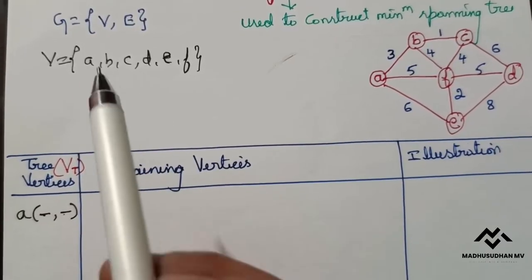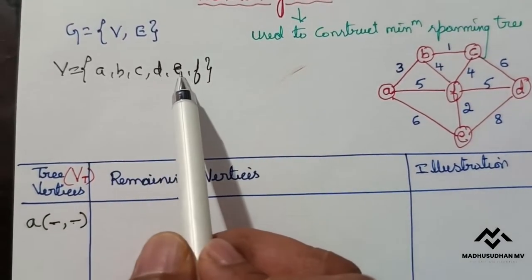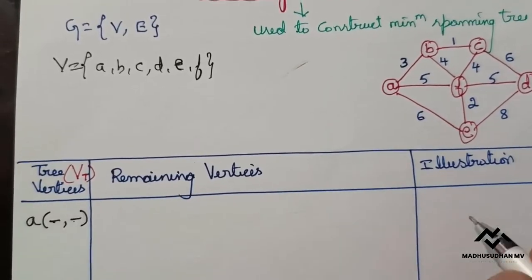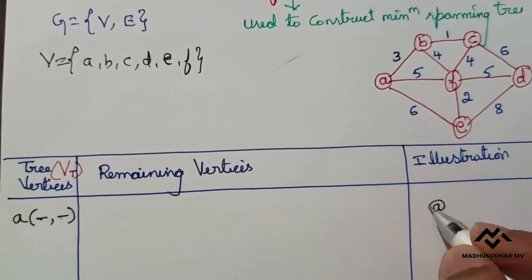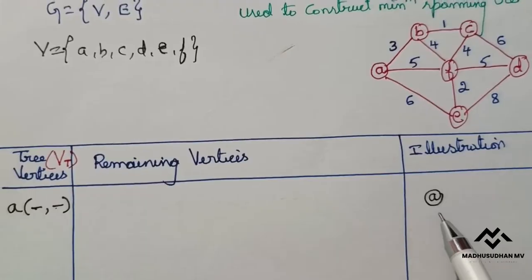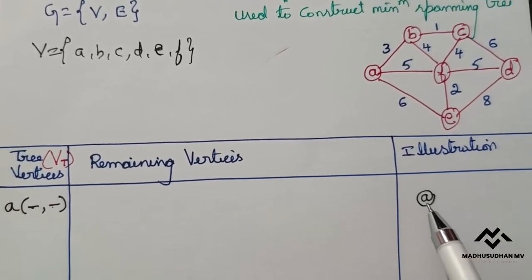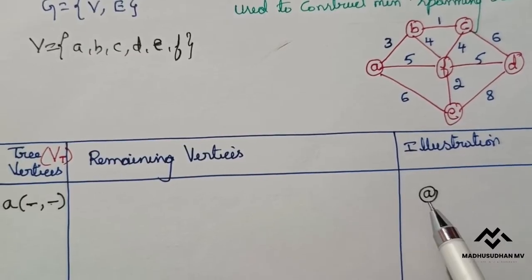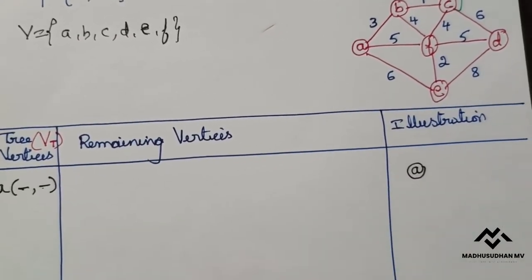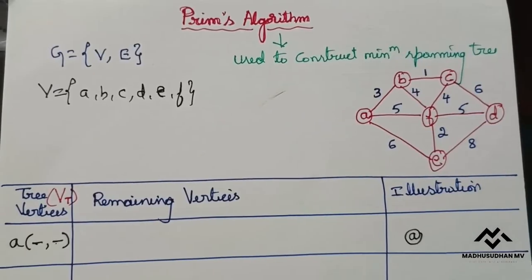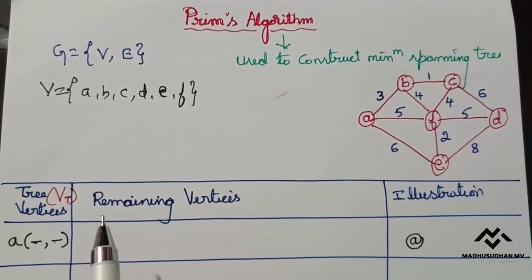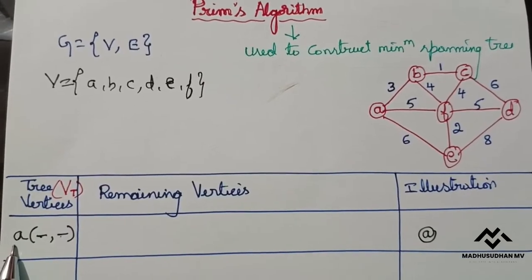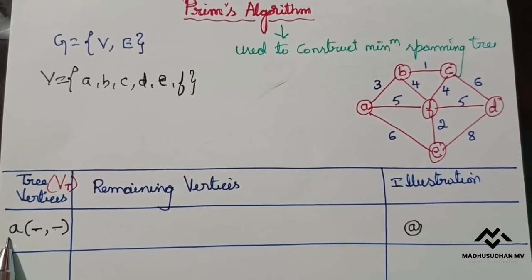Out of A, B, C, D, E, F, I have now included one in my tree. So this is my partially constructed minimum spanning tree, and right now it has only one vertex. This is my first step. In the first step, out of the given set of vertices, I randomly selected one vertex as the starting vertex.